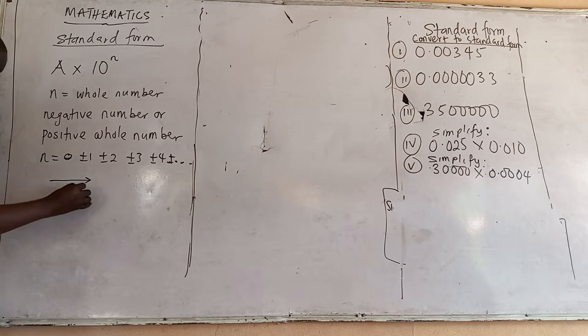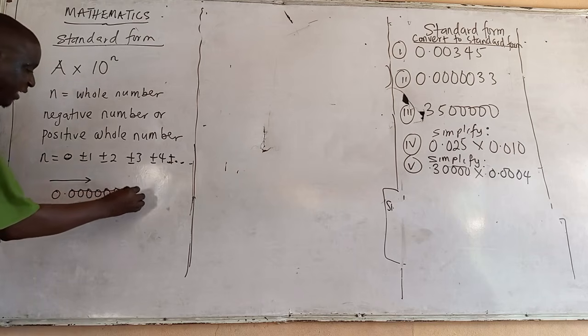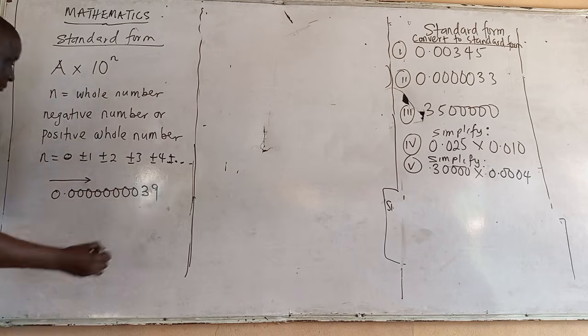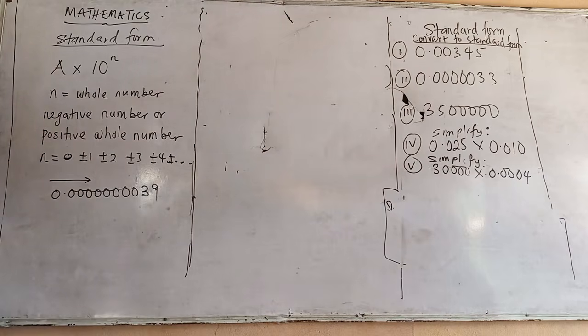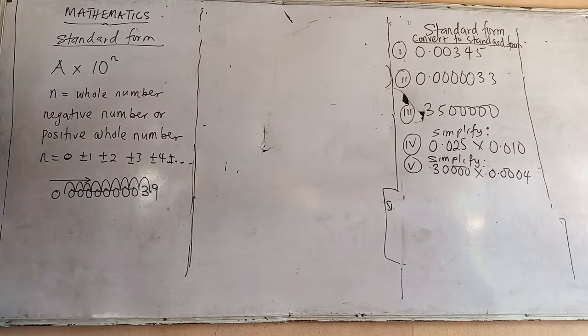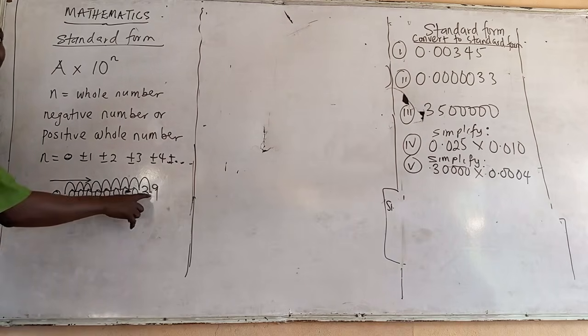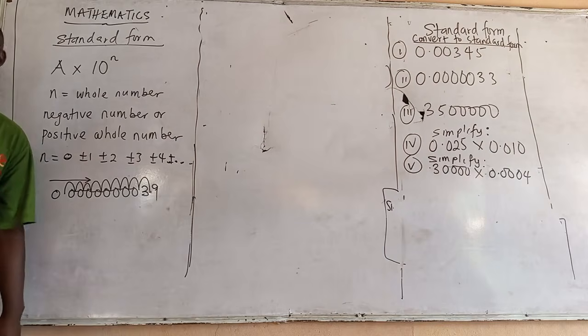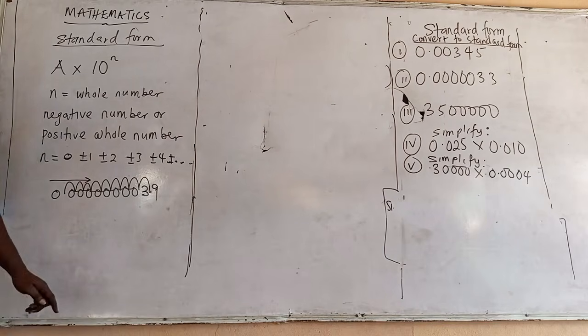If I have 0.000000039, now, what am I going to do? I will move to the right. 1, 2, 3, 4, 5, 6, 7, 8, 9. And I must stop my decimal point after the first significant figure. What is the first significant figure?